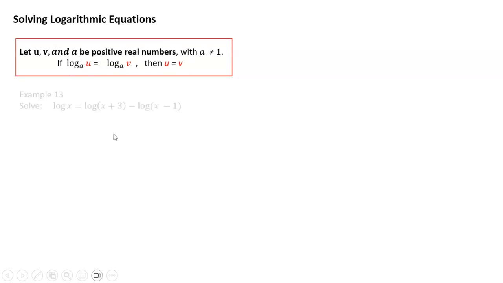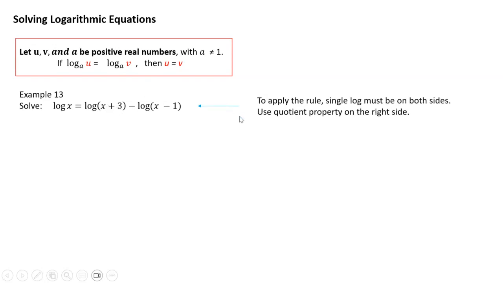Now, again, we're applying the same rule. So example number 13. Remember when it was addition, it was the product rule. Now what happens when it's subtraction? It's going to be the quotient rule, because in order to apply the rule, you have to have single logs on both sides of the equal sign.